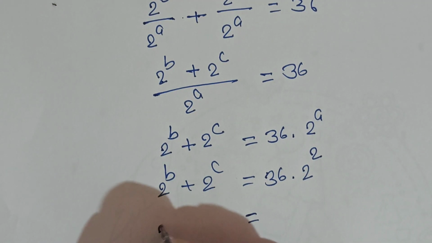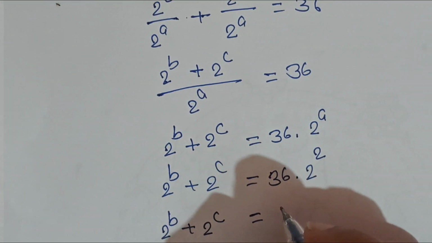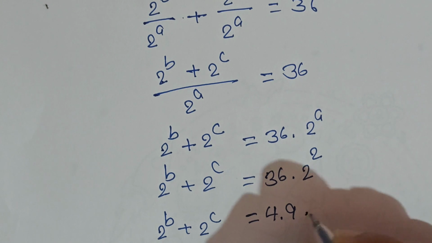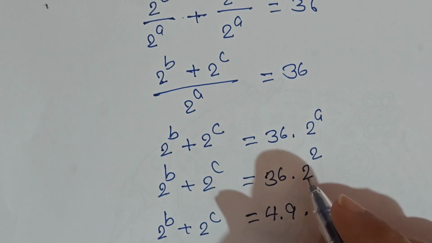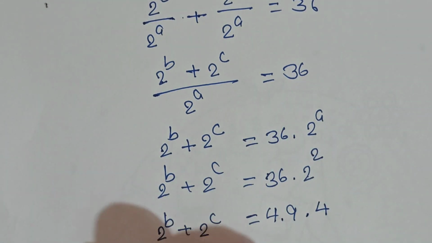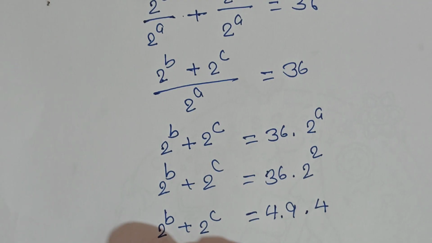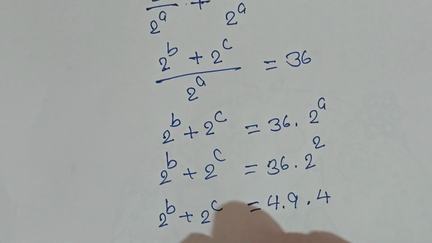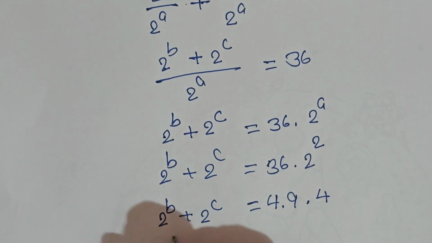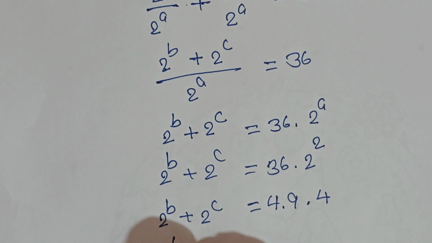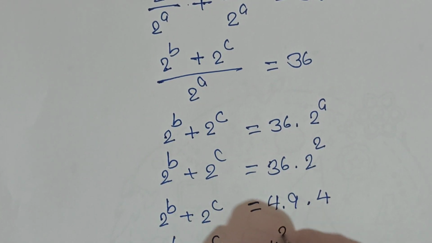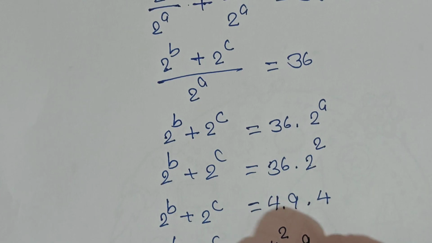We can write 2 to the power b plus 2 to the power c, 4 into 9, 4 times 9, and 2 to the power 2 is 4. So 2 to the power b plus 2 to the power c is equal to 4 to the power 2 into 9.